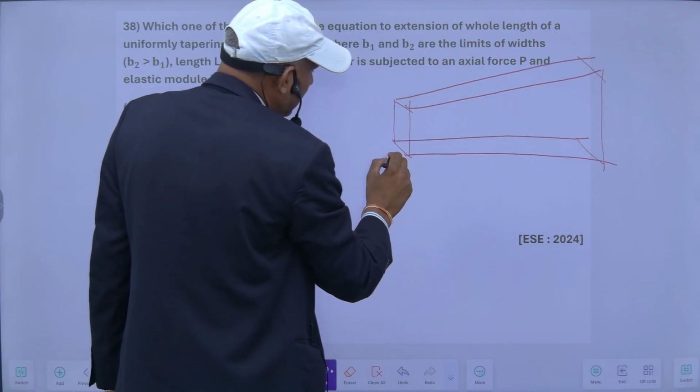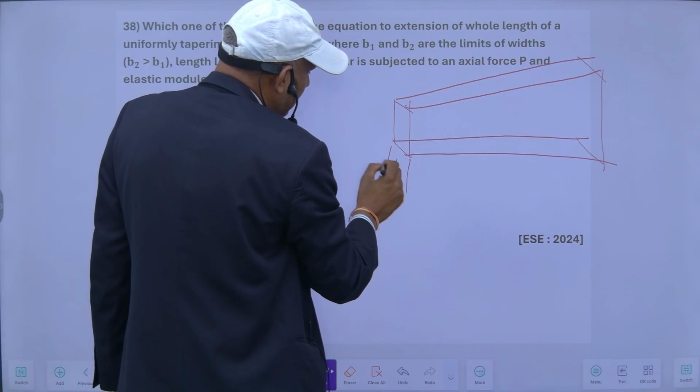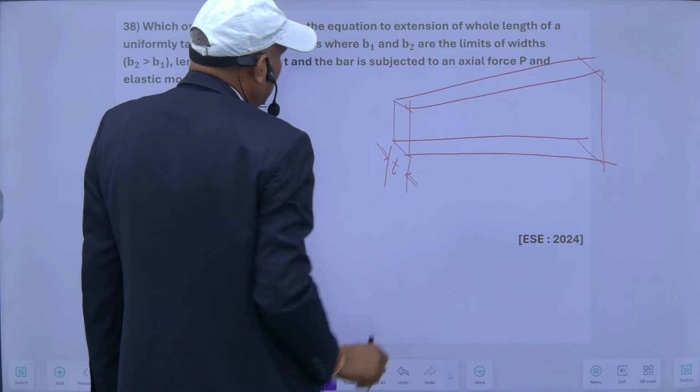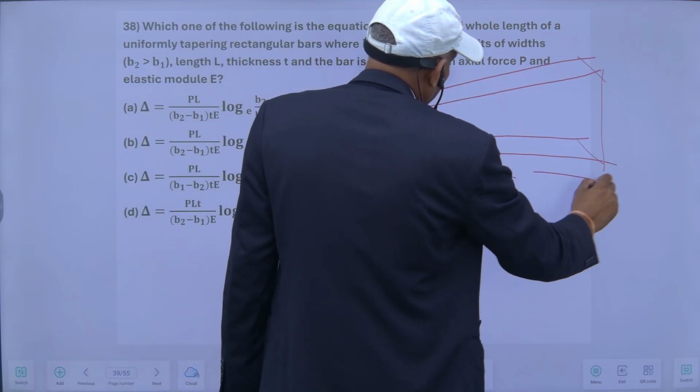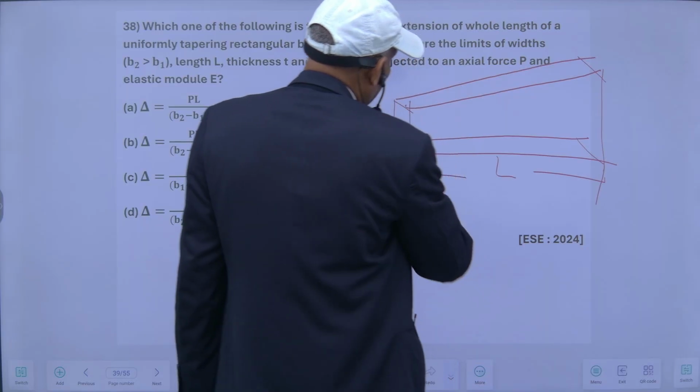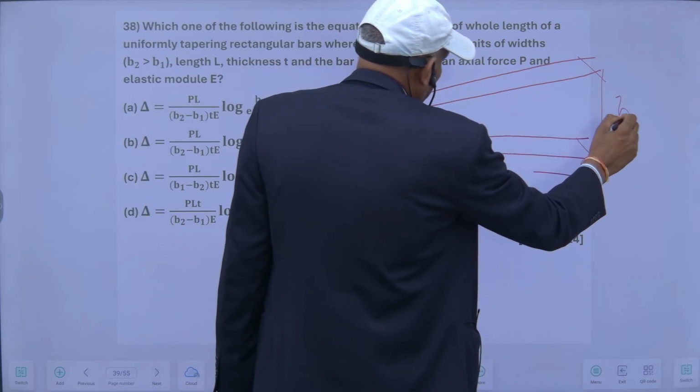So here this thickness is the same, and this is the length. This width is B1, this is B2.